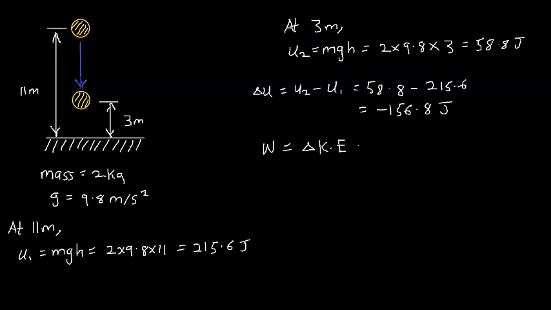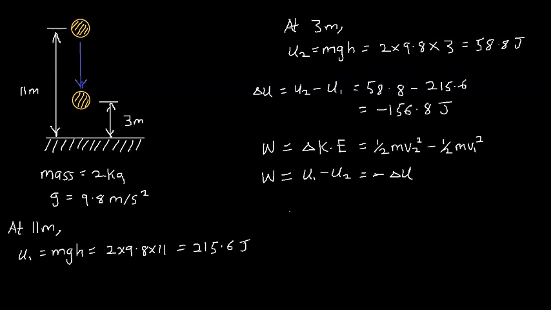So we can say that the work done is equal to half mv2 squared minus half mv1 squared, where v2 refers to its velocity at a height of 3 meters and v1 refers to its velocity at a height of 11 meters. We also know that the work done by gravity on the object is equal to its initial potential energy minus its final potential energy, which is the negative of the change in the object's potential energy.